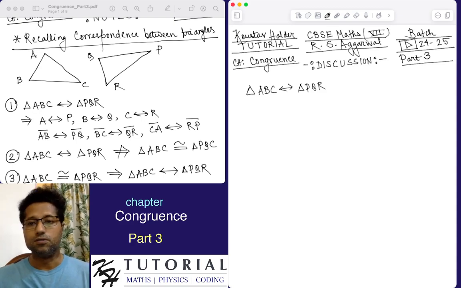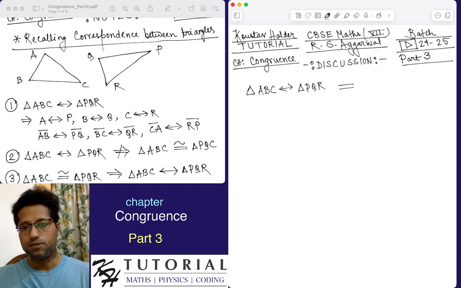Now, by this symbol, I mean this does not imply that triangle ABC is congruent to triangle PQR.